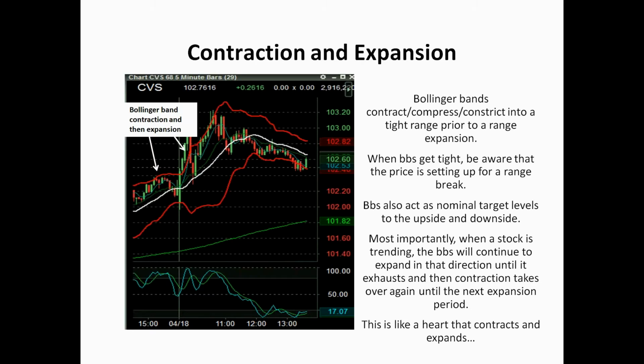Contraction and expansions. And it does this all day, guys. Start looking at it, and you're going to start seeing this contraction and expansion pattern. So you can see here that we start contracting, contracting, contracting. Does everyone see that here? And then after the contraction, and it becomes so tight, compressed, compressed, compressed, there's only one thing for it to do.